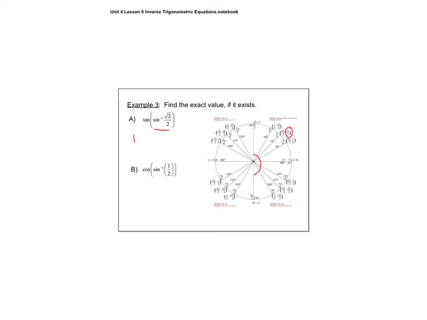So therefore we need to find the tangent of π/4. So the tangent of π/4 is the same thing as the sine of π/4 divided by the cosine of π/4. And we know that to be the square root of 2 over 2 divided by the square root of 2 over 2, which gives us a value of 1.